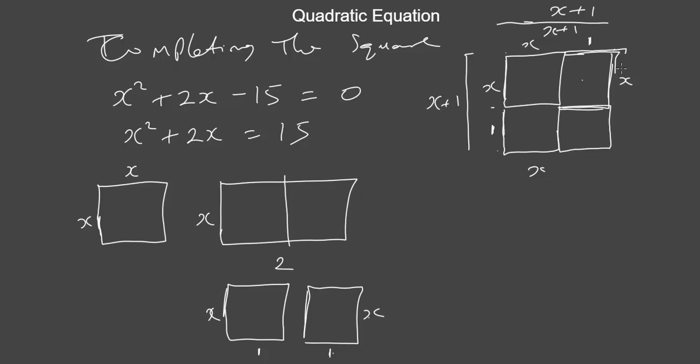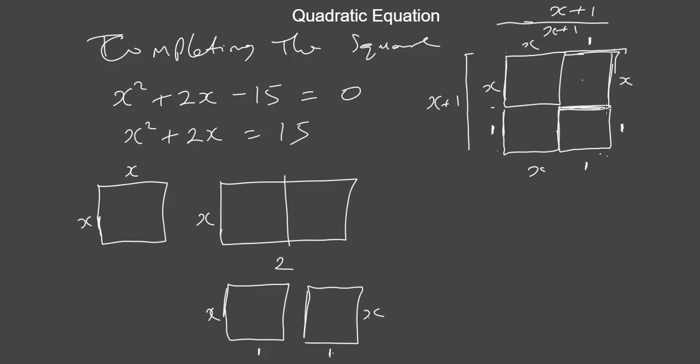Now it's very easy because if you want this to be a complete square, this is x already. This must have a size of 1 because this is x plus 1 so that it will align with this. Then this must also have a size of 1, because if you have x plus 1 here, you need to fill this extra 1. Then you also need to fill this extra 1.